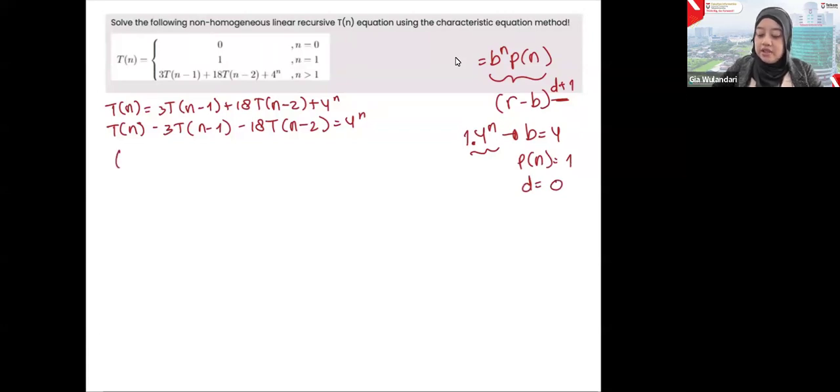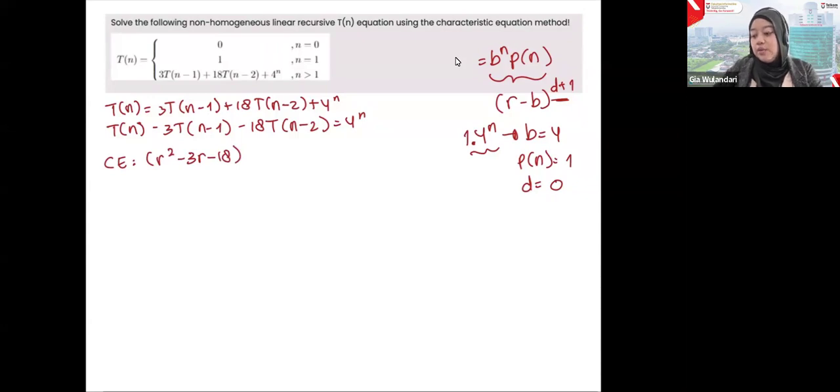So the left hand side is basically similar to what we had in the homogeneous case 2 weeks ago. We can have a characteristic equation for it as r squared minus 3r minus 18 from the left hand side.